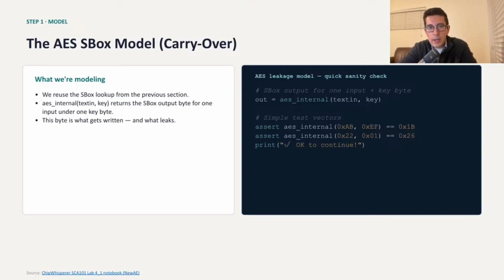The notebook sanity checks this model with a couple of test vectors. AES internal of AB, EF should be 1B, and AES internal of 22, 01 should be 26. Once those asserts pass, we know the math that feeds our leakage model is correct and we're safe to move on.